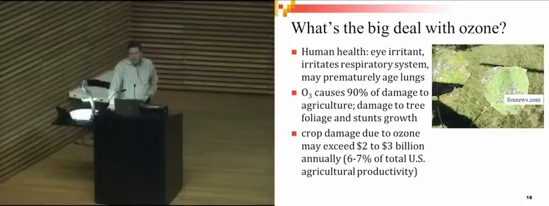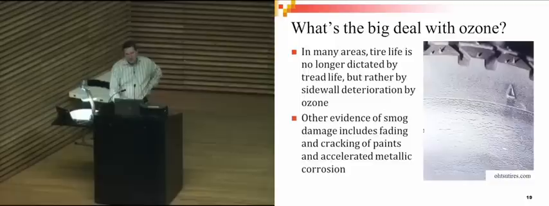It can impact tree foliage and can stunt growth. Crop damage due to ozone may exceed $2 to $3 billion a year, which is a significant part of our agricultural productivity, 2 to 3%. Now, the benefit is that a lot of these agricultural areas are outside of areas with significant ozone production, but ozone is transported in ambient air, so it has an impact on our agriculture.